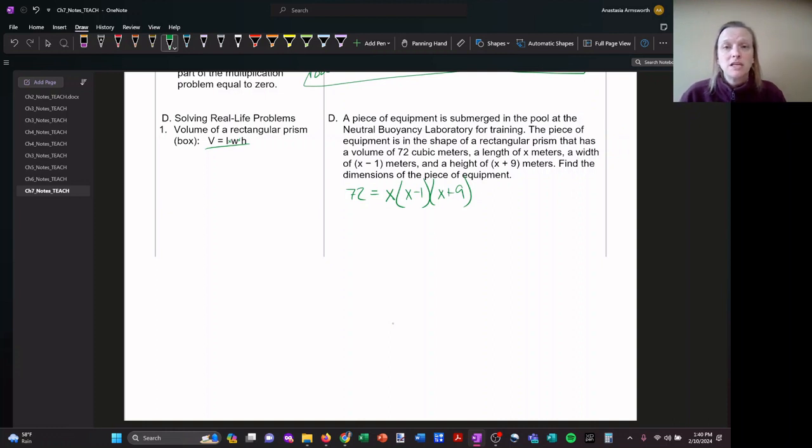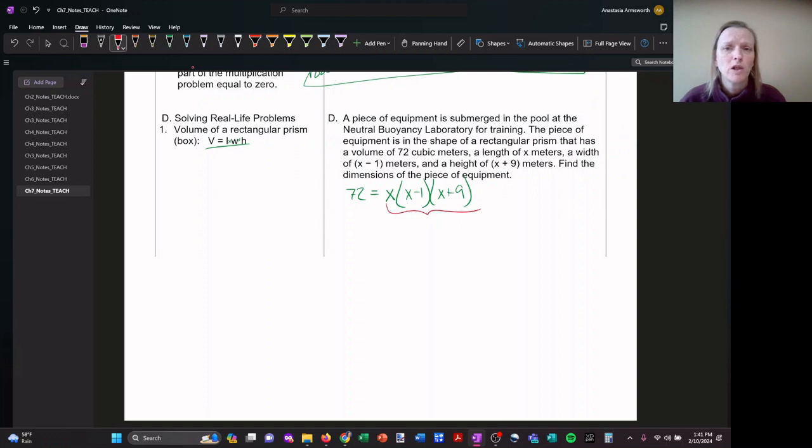So what I need to do is multiply out this multiplication problem, I need to use the distributive property so that then I have a standard form polynomial. So I can subtract 72 from both sides of the equation. Because right now, subtracting 72 doesn't help me yet. I don't have any like terms on the right-hand side of the equation that I can combine it with. So let's do the multiplication problem first.